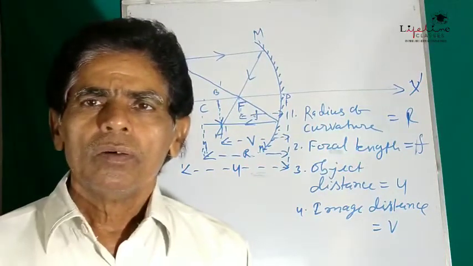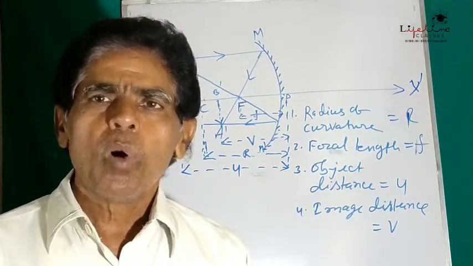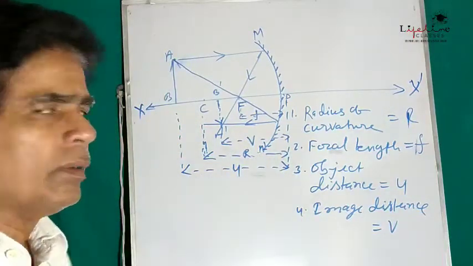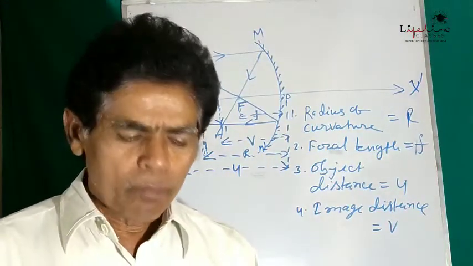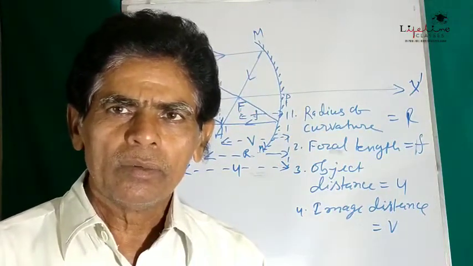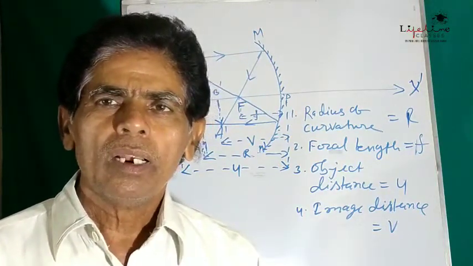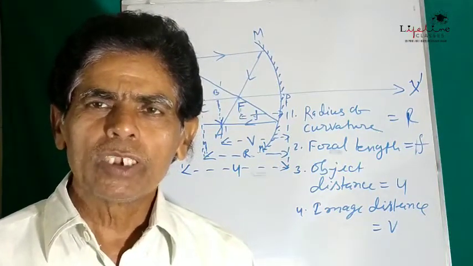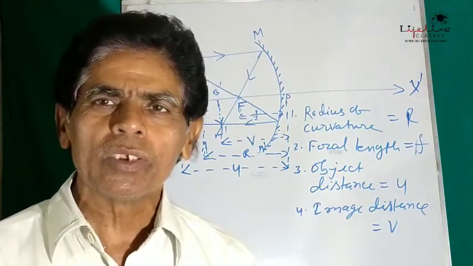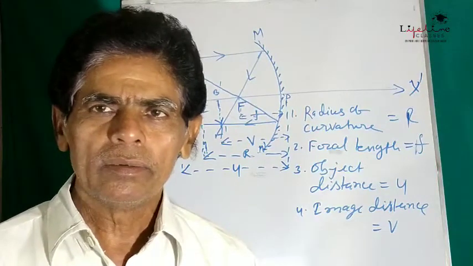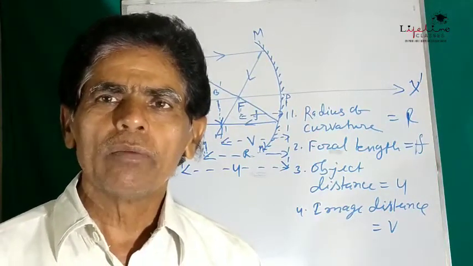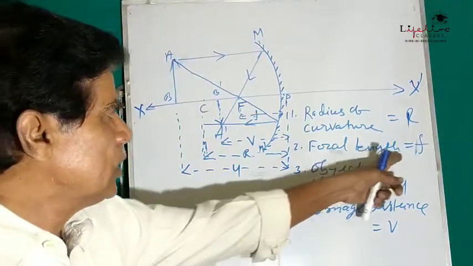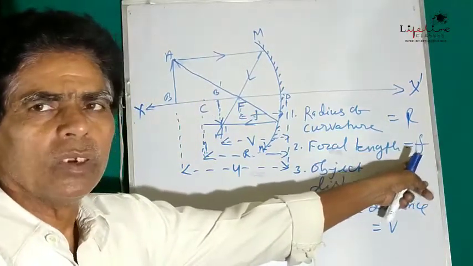Now, focal length. What is focal length? It is the perpendicular distance between the pole and the principal focus. It is denoted by a small f.